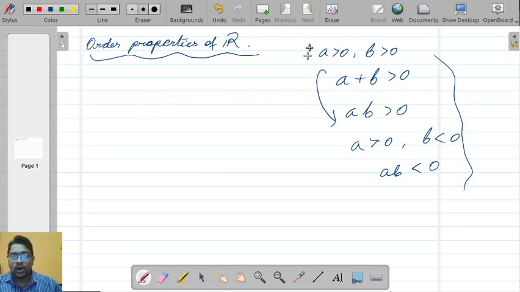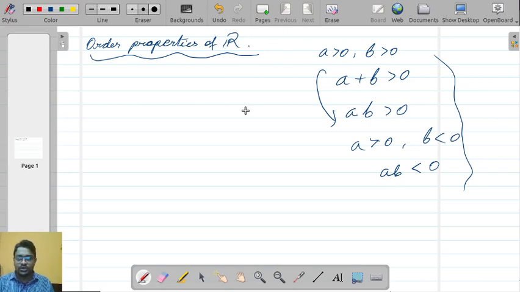Okay, so out of all these properties, which properties can we take as very fundamental properties, and using those properties we can derive all other properties. That is basically the motive behind listing the order properties. Just like field axioms, which I told you are the algebraic properties of real numbers, we fix a certain minimum number of properties which we take for granted, and using those we prove all other properties.